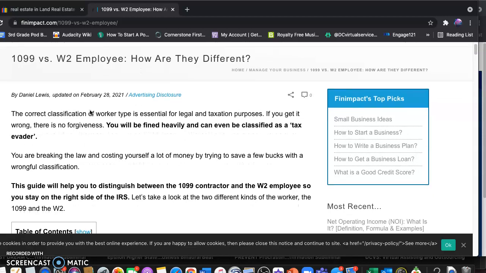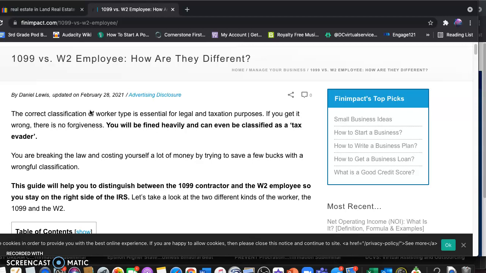The correct classification of worker type is essential for legal and taxation purposes. As a 1099 contractor, you are considered to be self-employed, whereas as a W-2 employee, you are an employee of a company. With 1099, you are working for yourself. With W-2, you are working for a company.